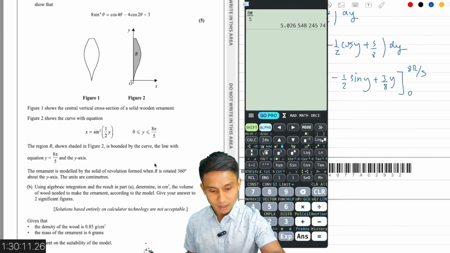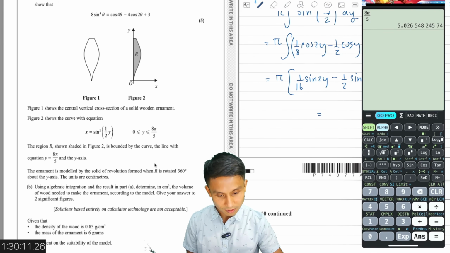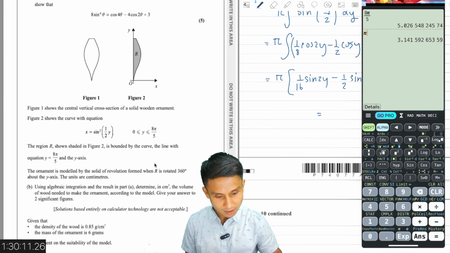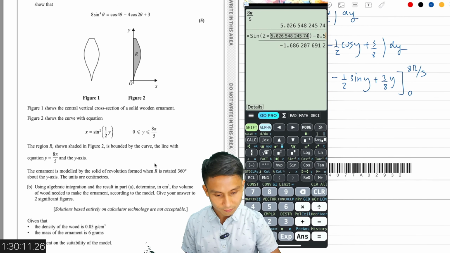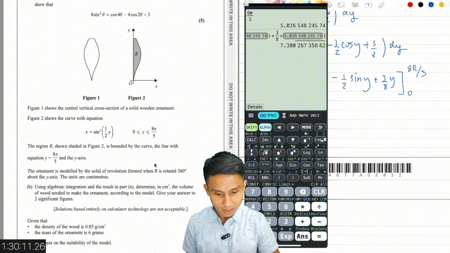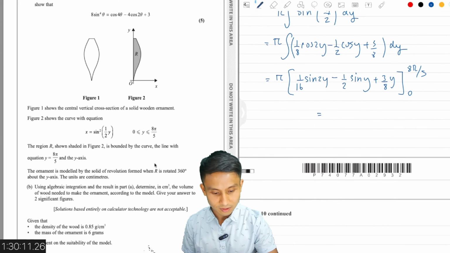Then the first term, 1 over 16 times sine of 2 times answer, that's sine 2y, minus 1/2 times sine answer, and then plus 3 over 8 times answer, close bracket. That's about 7.3. That should be right.